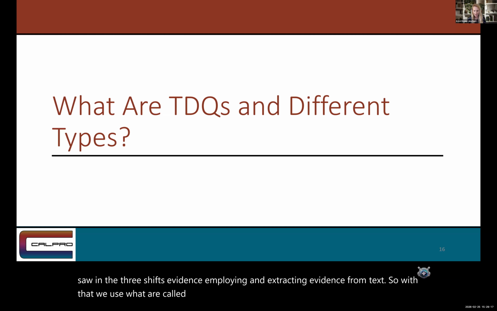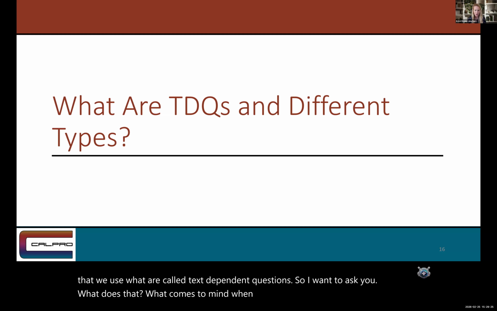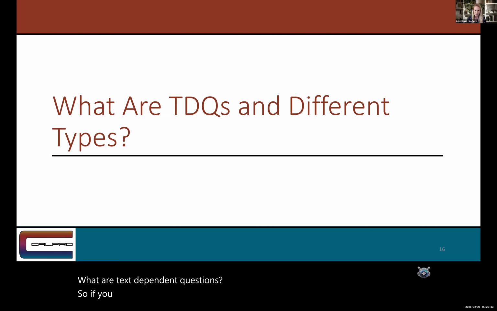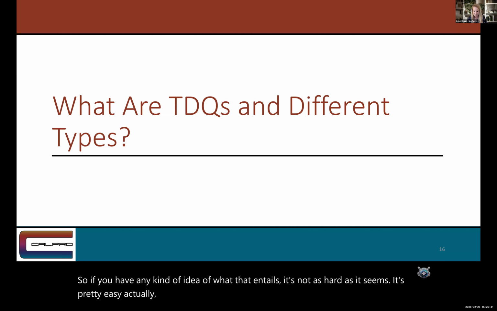So I want to ask you, what comes to mind when you hear that? Text-dependent questions. What are text-dependent questions? So if you have any kind of idea of what that entails, it's not as hard as it seems. It's pretty easy, actually. So what are text-dependent questions?